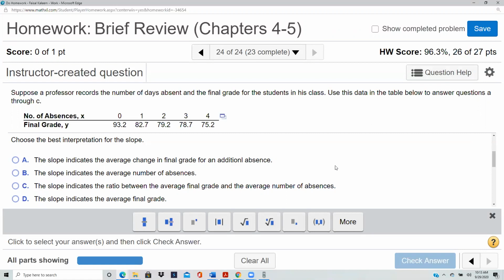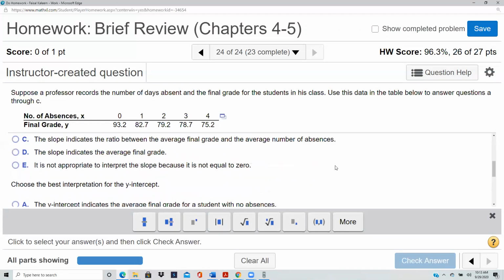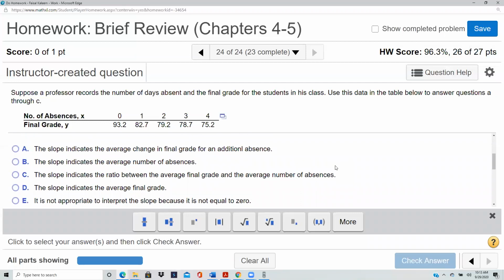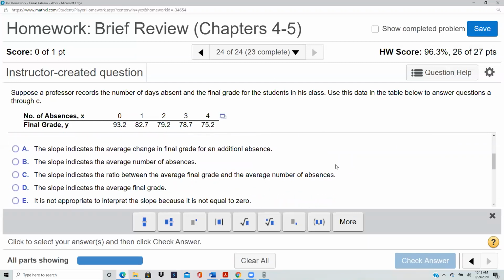The slope is -4, but what's the interpretation?